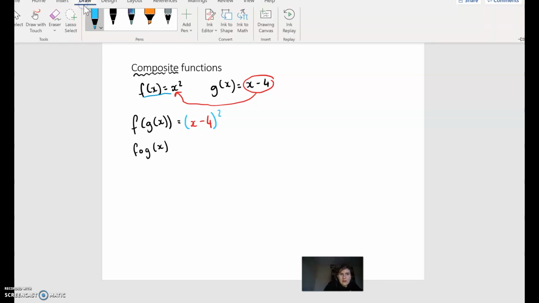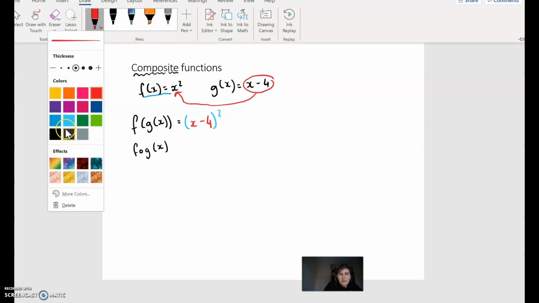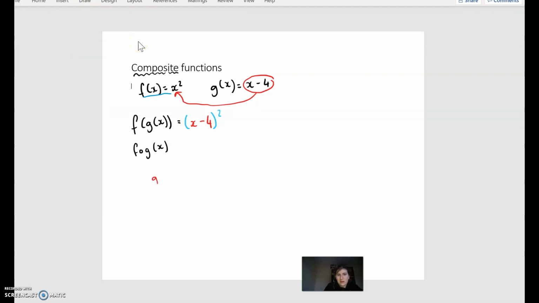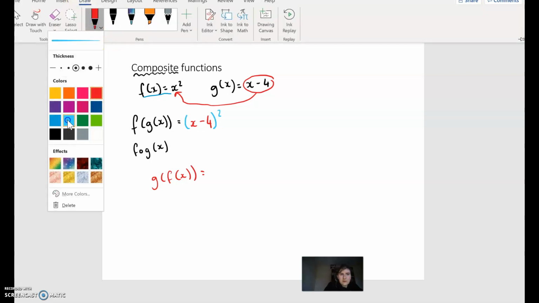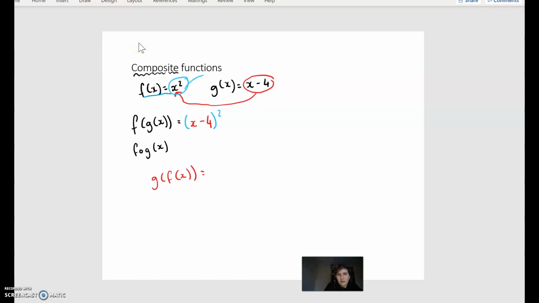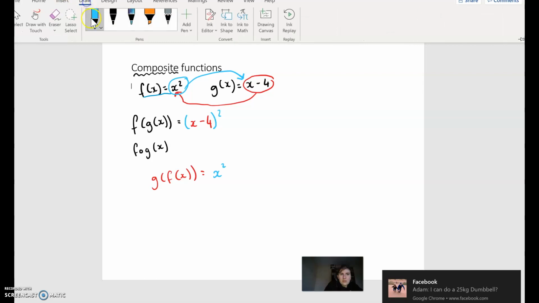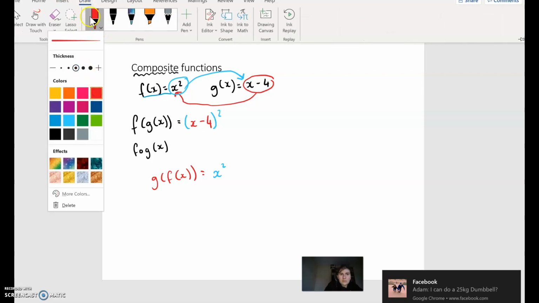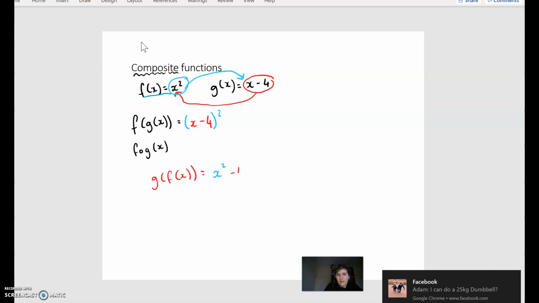If we did it the other way around and looked at g of f of x, now we're putting f into g, replacing the x in g of x with the x squared from f of x. So that's going to become x squared, and then the minus 4 is just on the side there, so then you have minus 4.